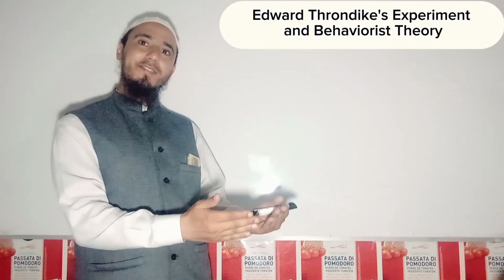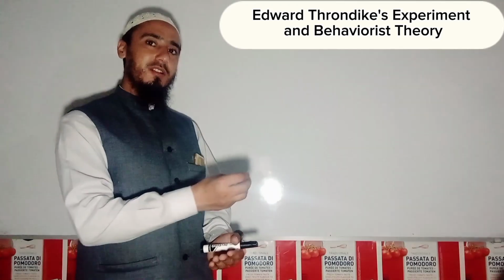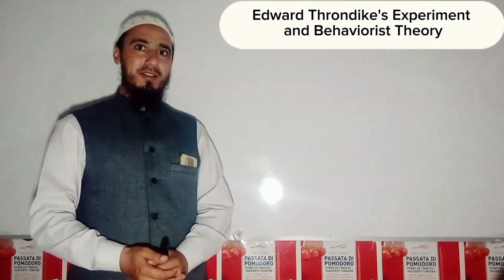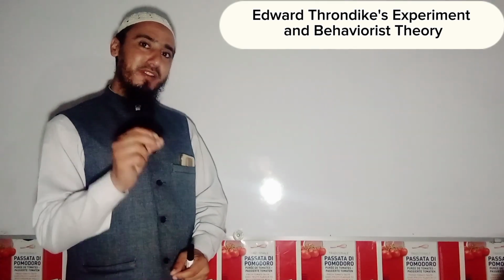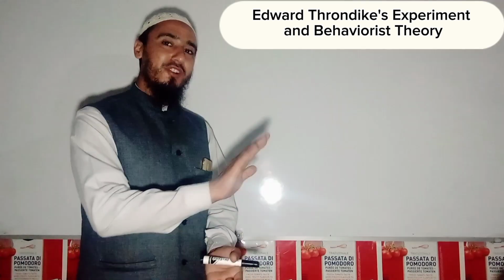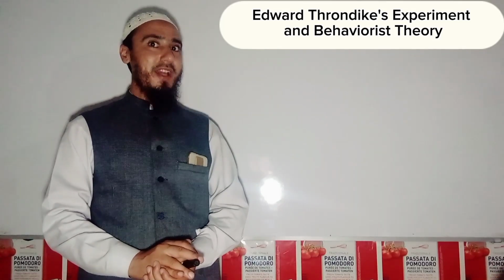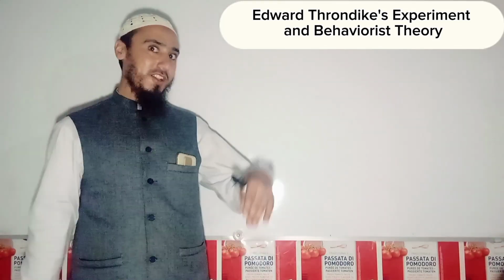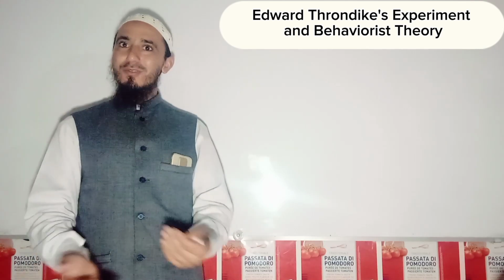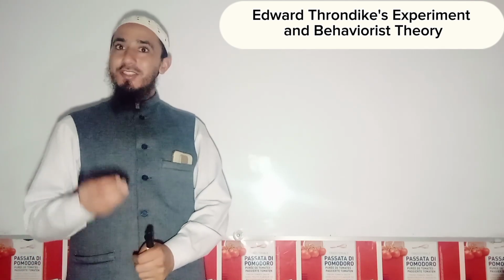At the initial stage, the cat made a lot of mistakes and errors. But when it received nothing, then in the end it would not repeat the incorrect behavior. Then the cat would repeat the correct behavior. So human beings also learn from their mistakes.